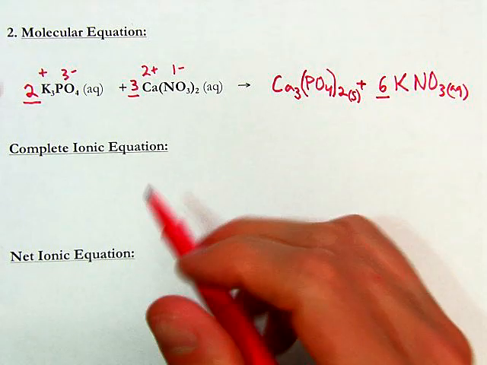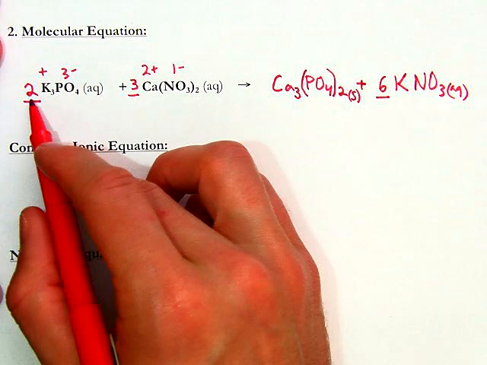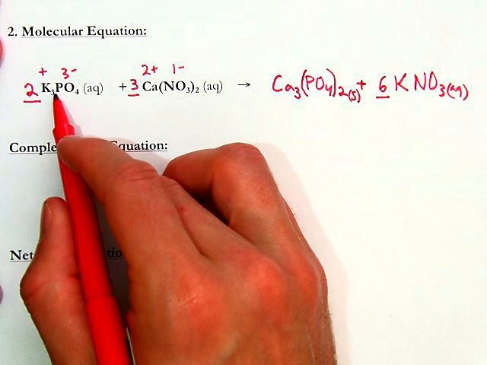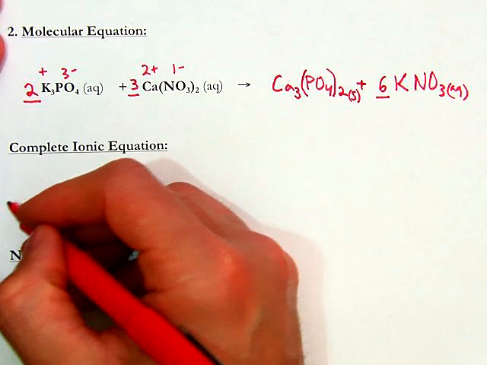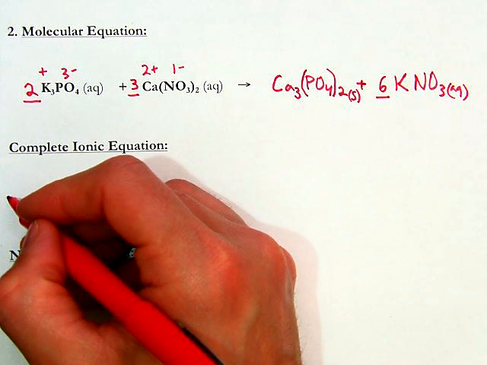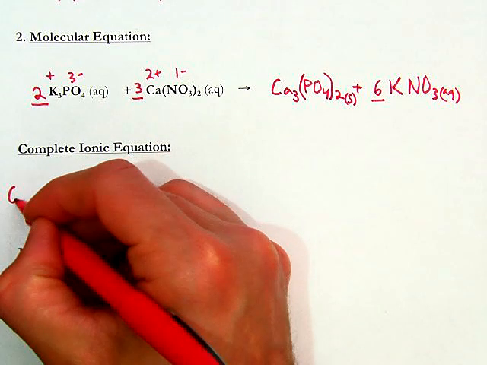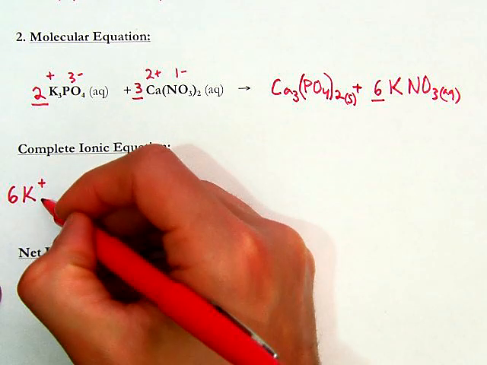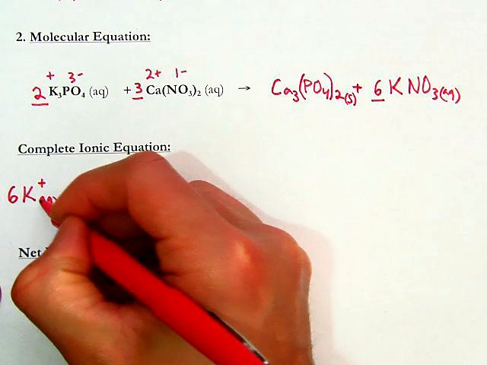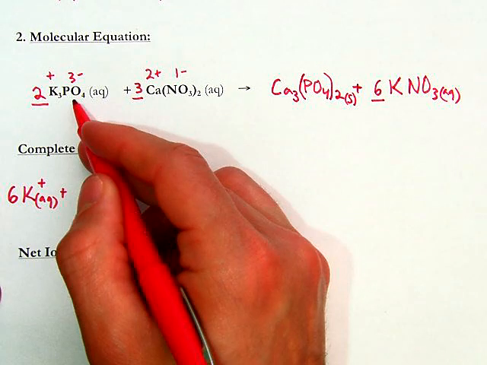We're ready to write our complete ionic equation. Here we go. Break it down. So if this is a 2 and that's a 3, that means we have 6 potassium ions. So I'm actually going to write a coefficient of 6 potassium ions. Each one has a charge of positive 1, AQ, plus 2 phosphates.